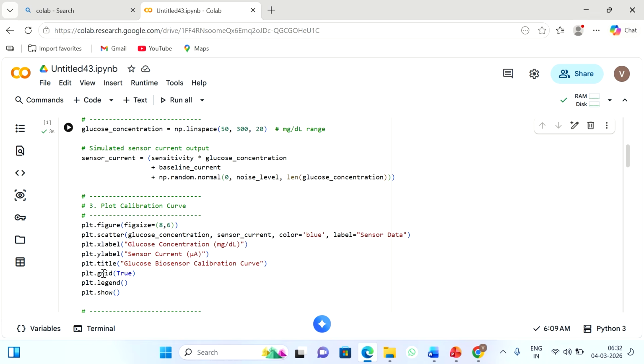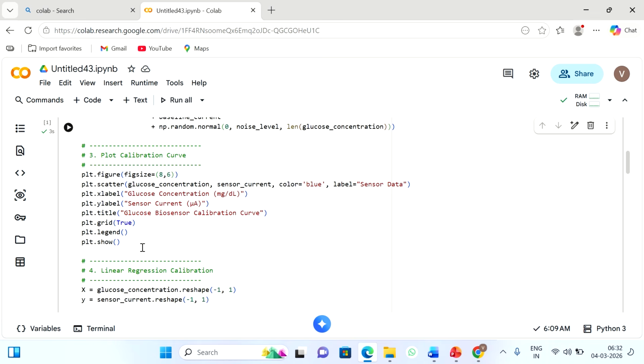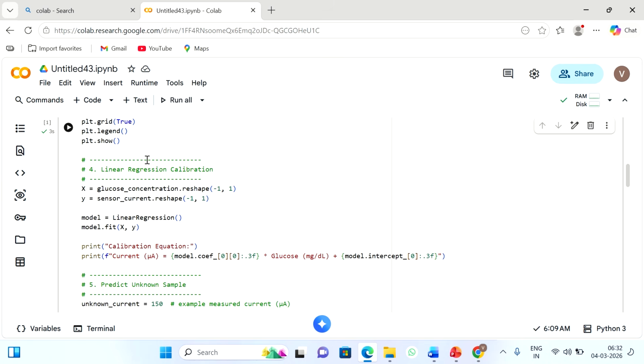Then we are using the grid for plotting the graph, and then plt.legend.